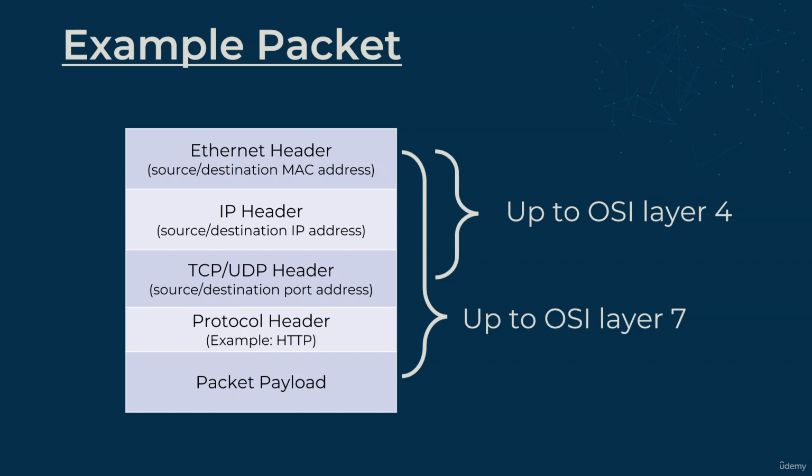And that would apply to layers 5, 6, and 7 of the OSI model. So why is this relevant? Well, we want to make sure that for a packet filtering firewall, for example, which applies to layer 4, we have an understanding of what that means, and that when someone says, well, this security solution is layer 7, we need to understand what that means. It's much more sophisticated than a layer 4 type of solution, for example.